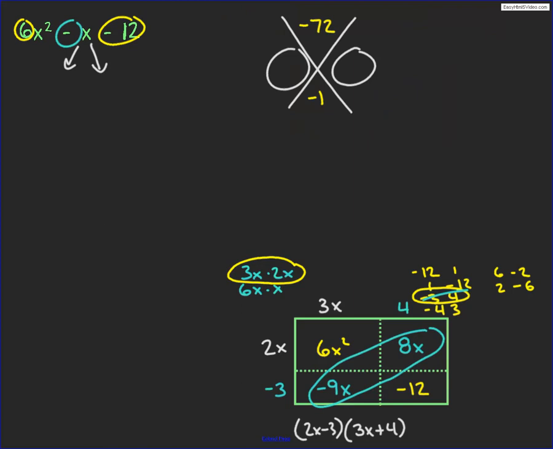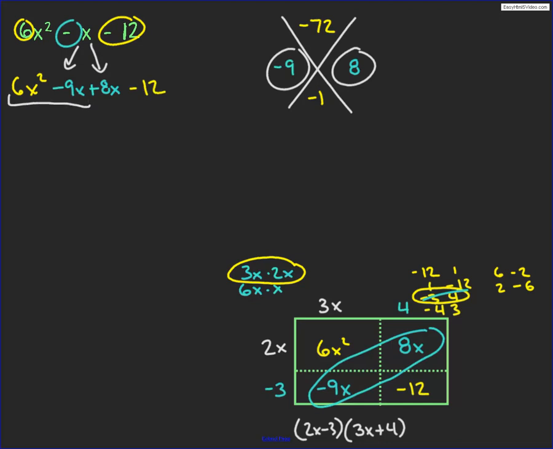So think about numbers that multiply to negative 72 and add to negative 1. I know that one of them, the bigger one, needs to be negative. And I'm thinking of 9 times 8 for my times tables. So negative 9x plus 8x. And the other two numbers just drop down, so 6x squared minus 12.